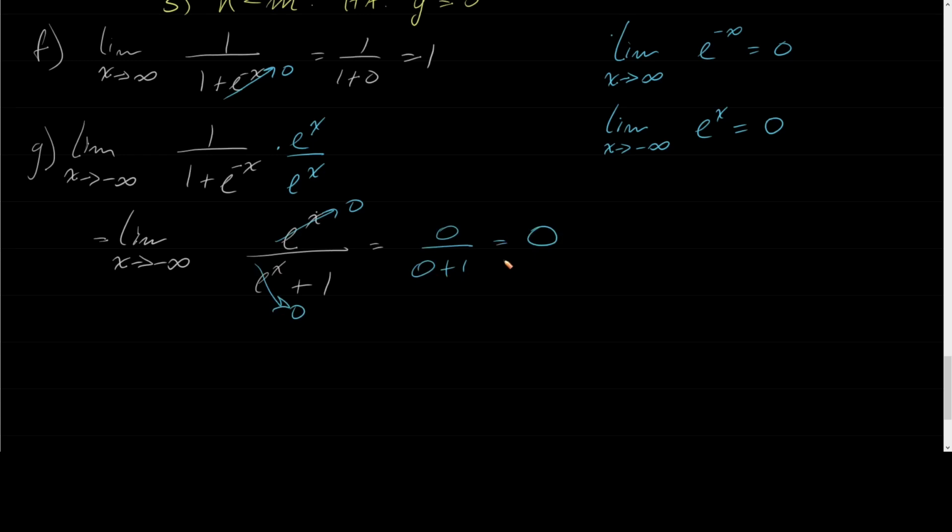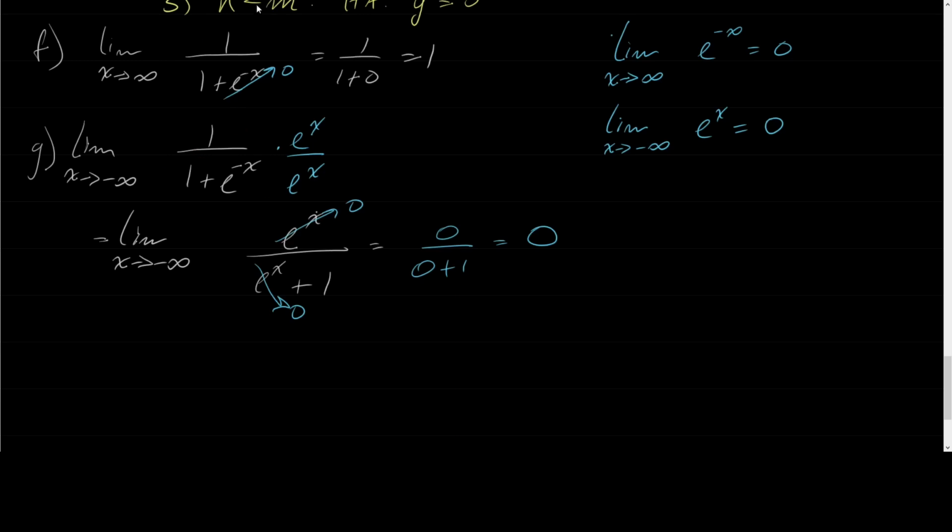All right. Now, notice something that these two examples show us. Remember that the limit as x goes to infinity or negative infinity represent horizontal asymptotes if we get an actual limit. We did get an actual limit in both scenarios of the same function, right? 1 over 1 plus e to the negative x.